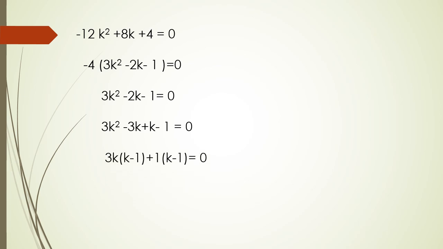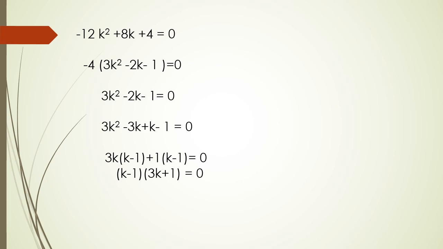Now I take common 3k from the first two terms and plus 1 from the next two terms. So my equation becomes 3k into k minus 1 plus 1 into k minus 1 equals to 0. Further, we have k minus 1 common again from this equation. So my equation becomes k minus 1 into 3k plus 1 equals to 0.